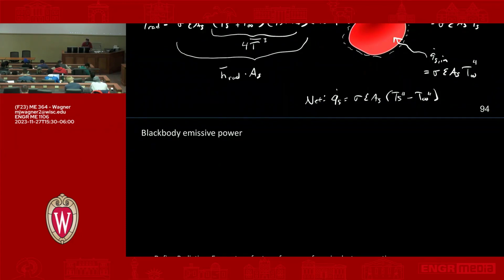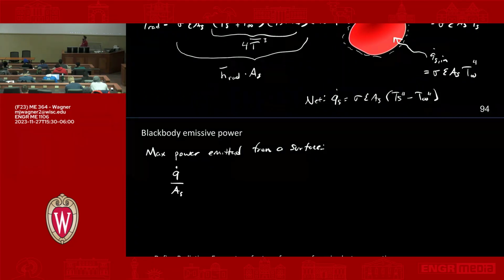So it turns out the maximum power emitted from a surface is the following equation. Let's write it as a heat flux, Q dot divided by A_S. So we could also say Q dot double prime, an area-specific heat flux.